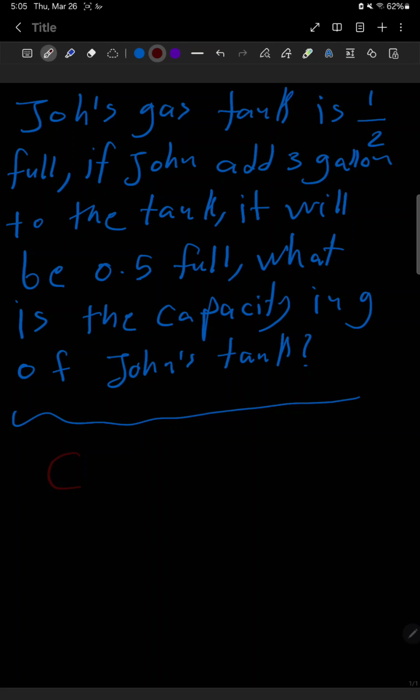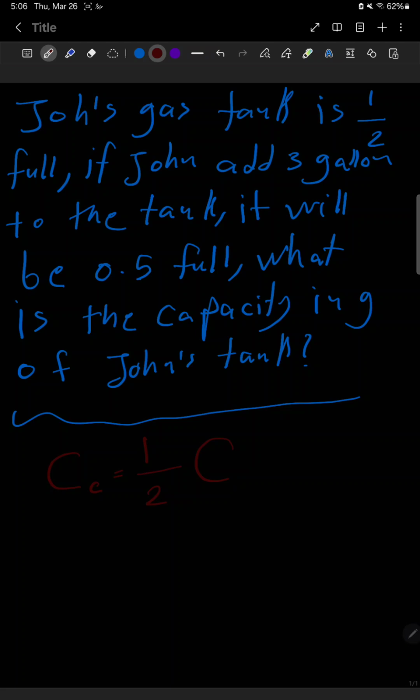Simply, I'm gonna write equations like this. The current capacity is half of the original capacity, which I'm looking for. This is John's gas tank is half full.